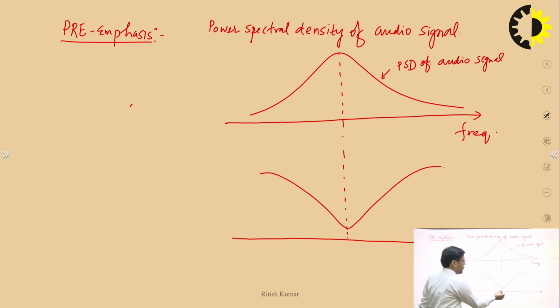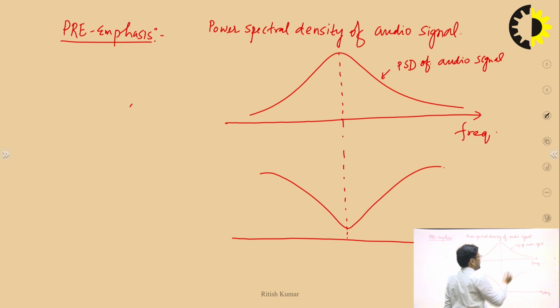At low frequency, if I treat this as the low frequency range and you move in this direction, then you will have the high frequency range. If you increase the frequency, you will have high noise power. Here this is the signal power strength, and this is the noise power strength. At low frequency the signal strength is high, while the noise power is very low.